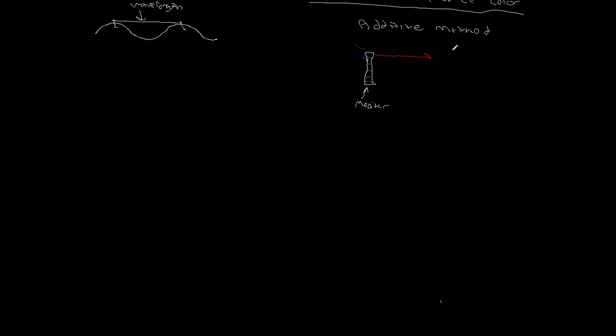And we have our eye over here, and the eye would get that red wavelength coming in and perceive it as red on the screen. That seems pretty straightforward: red being produced, red being seen.